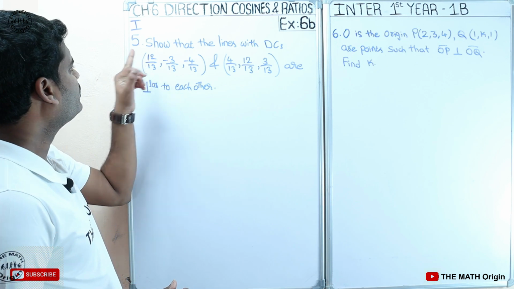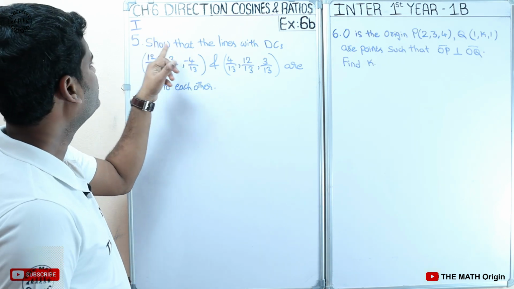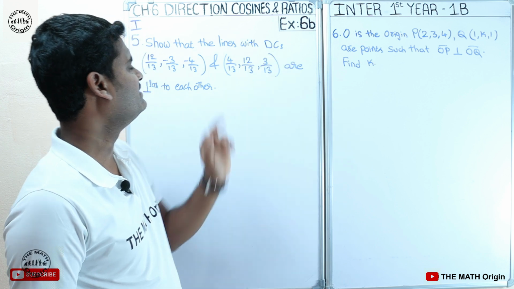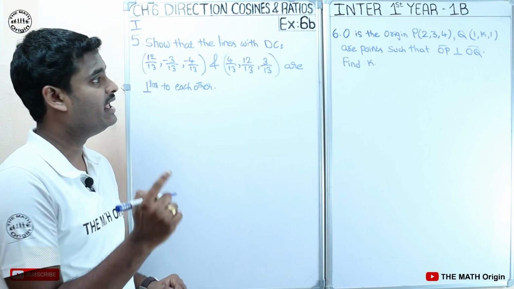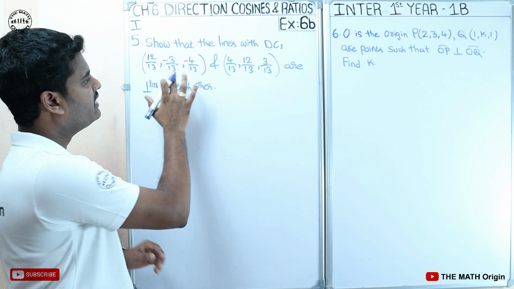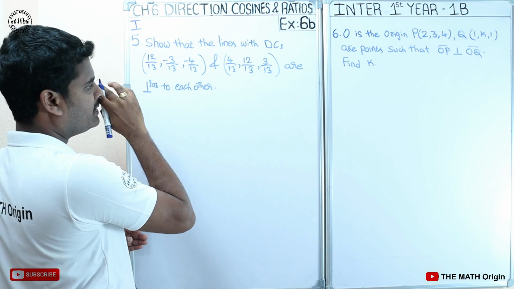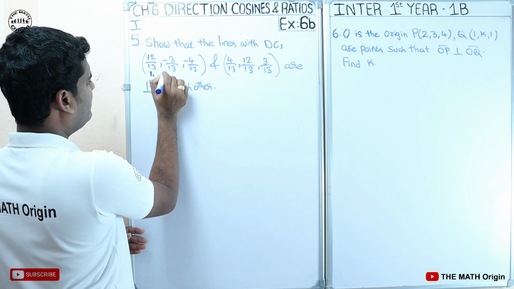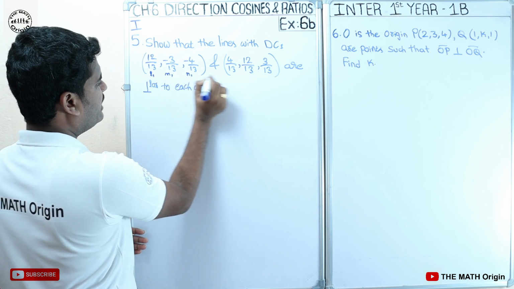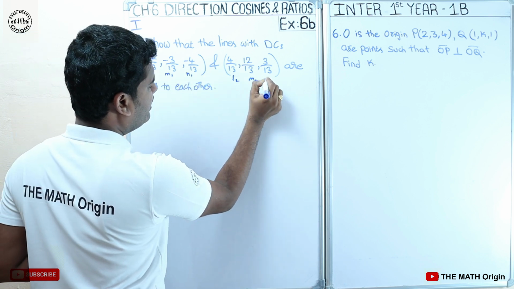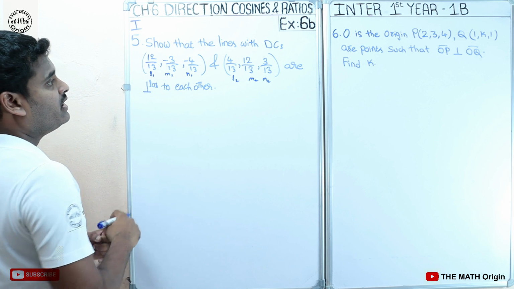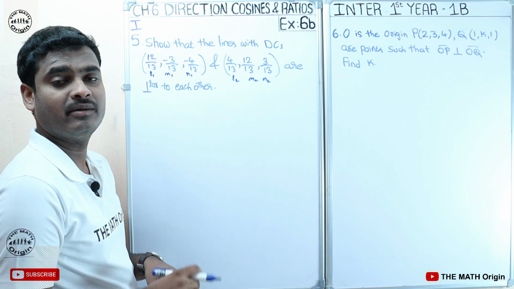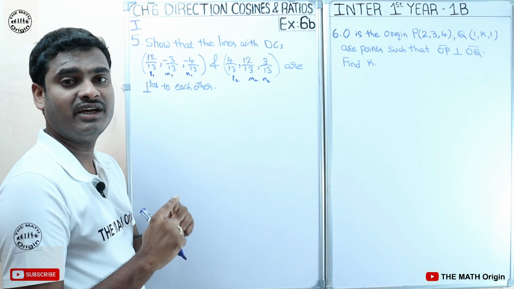Fifth question from the first section: show that the lines with the DCs l, m, n values are perpendicular to each other. These are L1, M1, N1, L2, M2, N2. If two lines are perpendicular, we know the angle is 90 degrees.